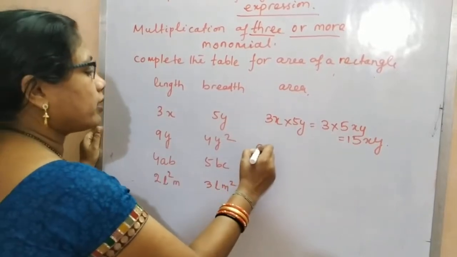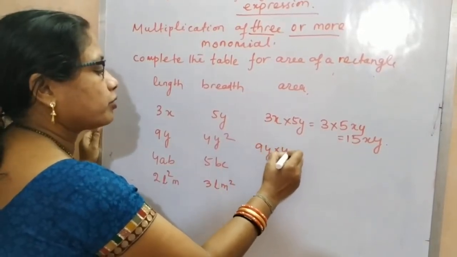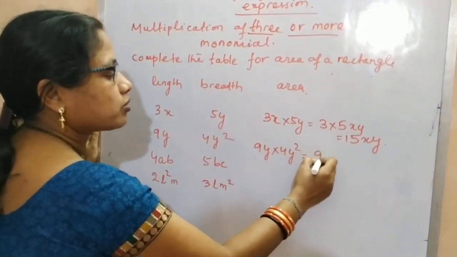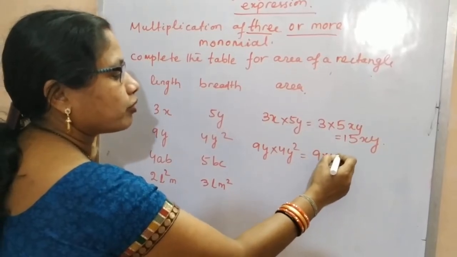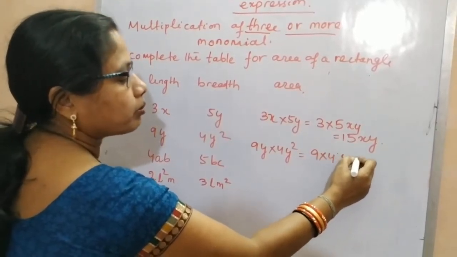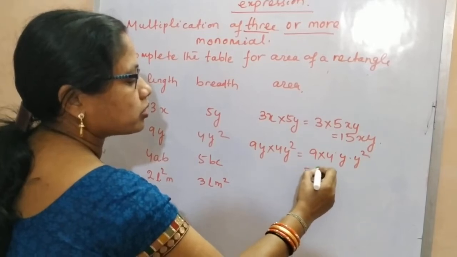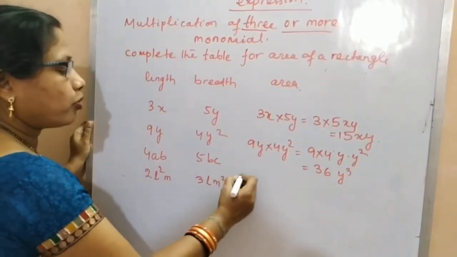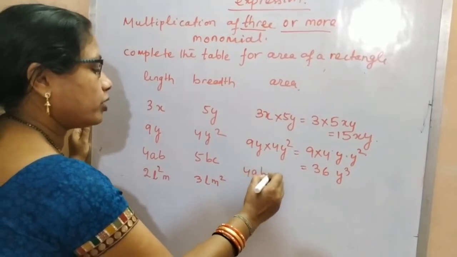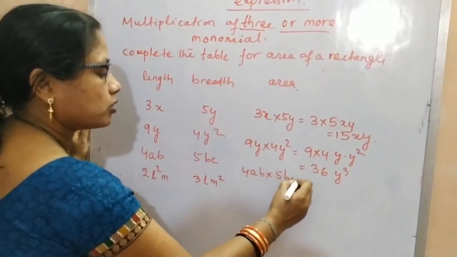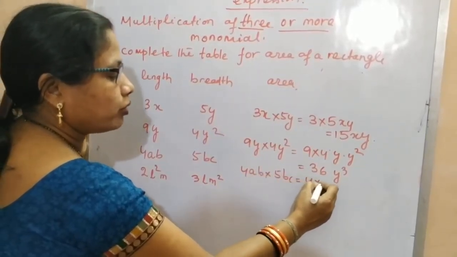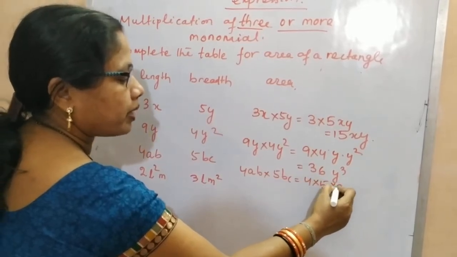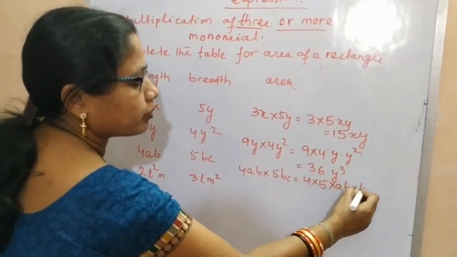Then 9y multiplied with 4y square. So this is equal to 9 multiplied with 4, then y multiplied with y square. So this is equal to 36y cube. Then 4ab multiplied with 5bc. So this is equal to 4 into 5 multiplied with ab multiplied with bc.